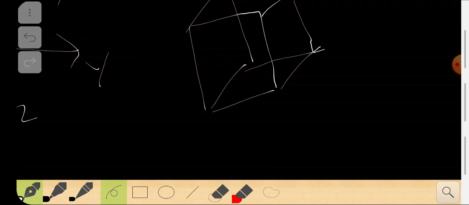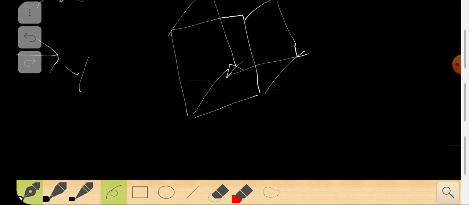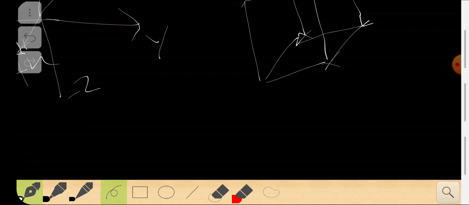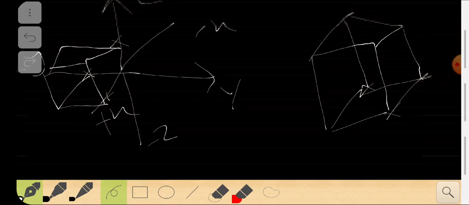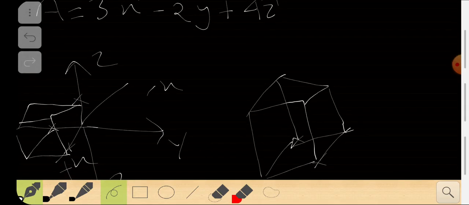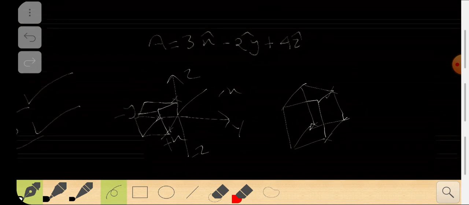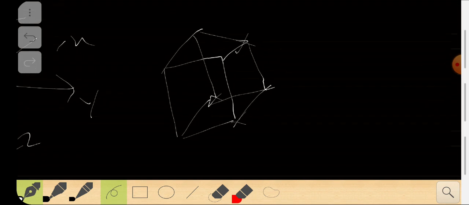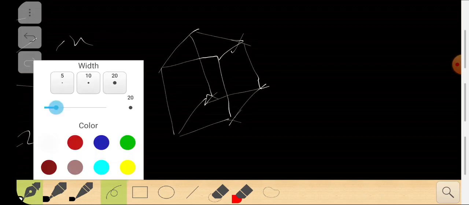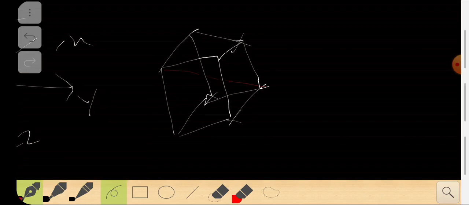Now this is the point minus 2, this is the point of x, which is plus 3, and you have z, which has an intercept here, which is plus 4. Now you will have the vector directed in such a way like this. That's the vector right there.